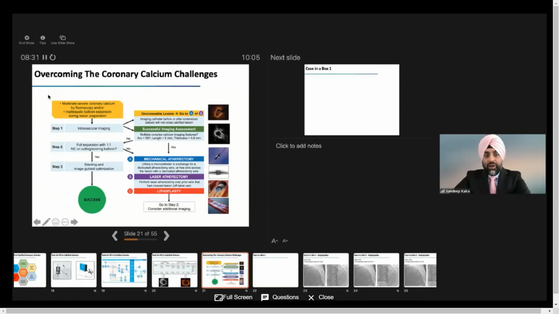So by any of these criteria, if we've identified that there's fluoroscopic calcium, inadequate balloon expansion, or in my case, I've added in there a high calcium score on CT, we should proceed to intravascular imaging first so that we understand what we're dealing with, we understand which tools we need to use, and we understand what devices and what size devices we're going to use.